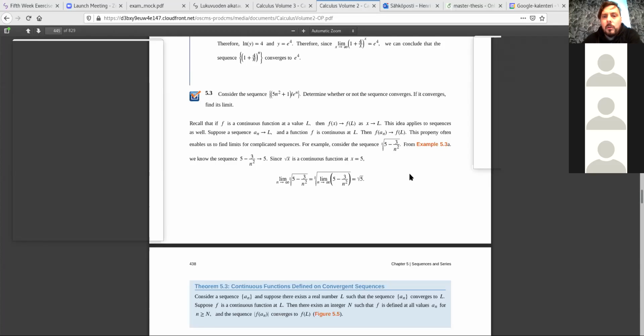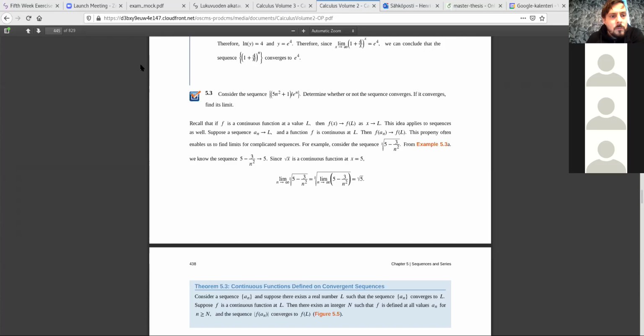Let's do one more group work, and that would be 5.3. Consider this sequence, (5n^2 + 1)/e^n. Determine whether or not this sequence converges. If it does converge, what is the limit? And I'm going to just go out and say that you should use L'Hopital twice, and it shouldn't take you more than 5 minutes.